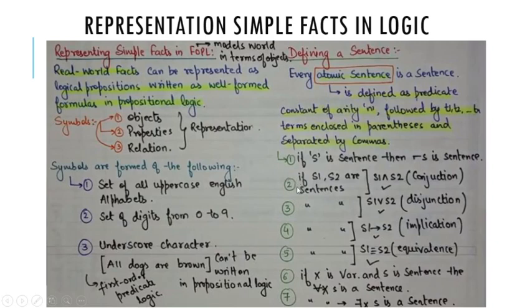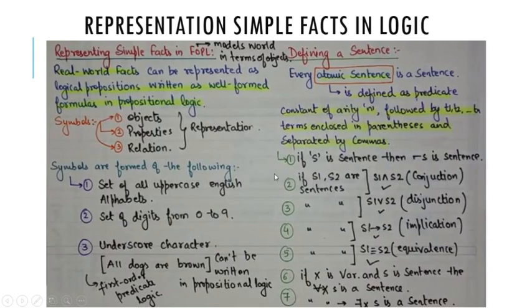Secondly, if S1 and S2 are sentences, we can write them in a conjunction using the and operator, so S1 and S2 is a sentence. This is the second way.